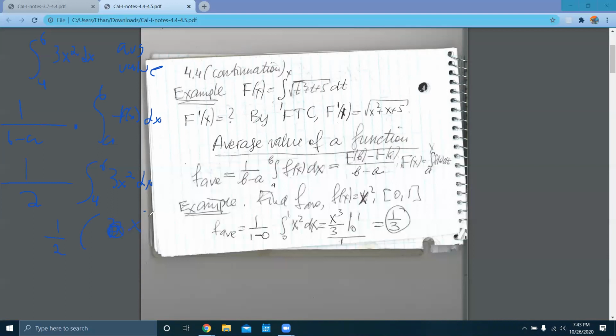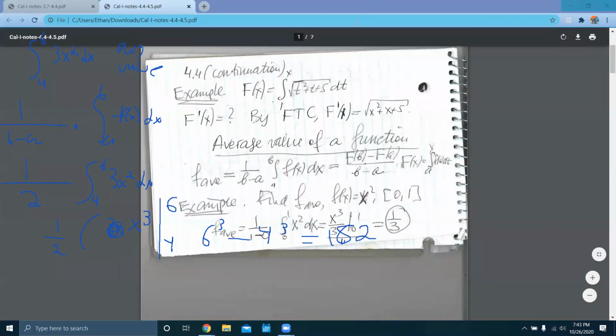It's going to be x cubed from 4 to 6. So it's going to be 6 to the third minus 4 to the third. And that's going to give us 152.